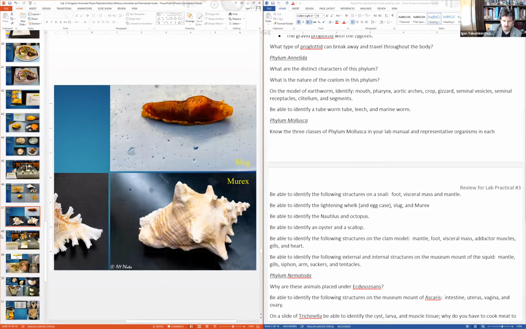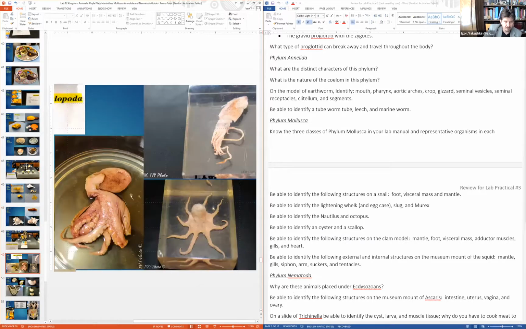Now the Nautilus and the octopus. Here we're looking at an octopus, another octopus, with eight arms or tentacles. And this would be the squid. You can see that two of them are much longer. Those are known as the tentacles, and the shorter ones are the arms.